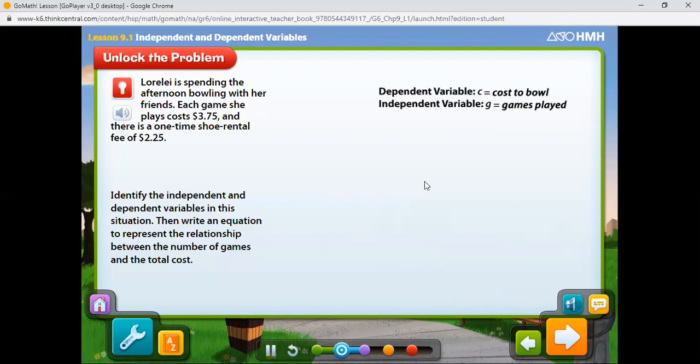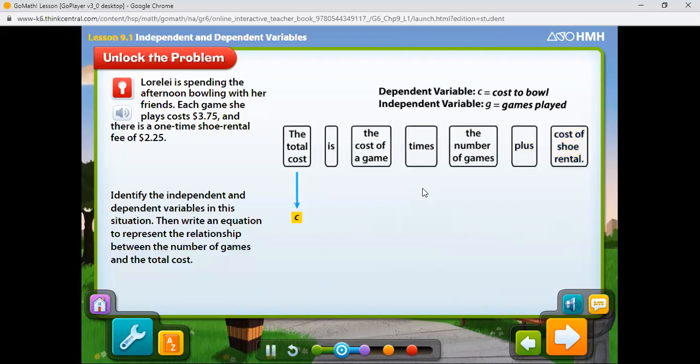The total cost, C, in dollars, depends on the number of games G, Lorelai plays. So C is the dependent variable and G is the independent variable. Now create an equation to represent the relationship between C and G. The total cost is the cost of a game times the number of games plus the cost of shoe rental.